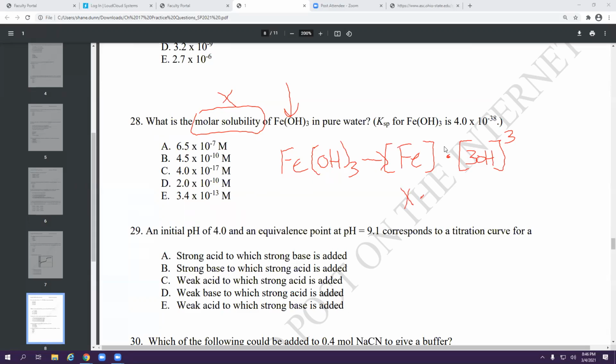X value times 3x cubed. 27x to the fourth power is equal to 4 times 10 to negative 38. Solve for x, so divide by 27, then take x to the fourth root.